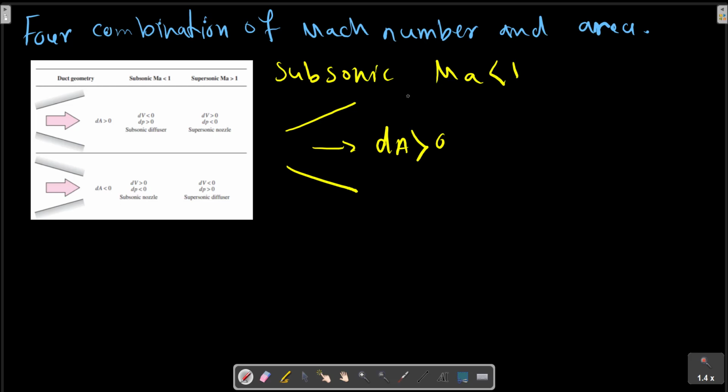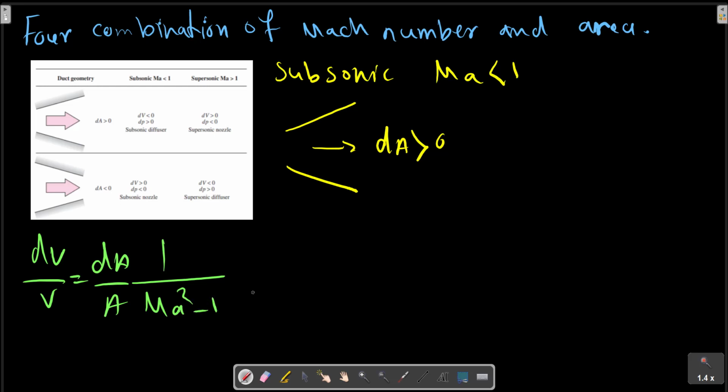For the subsonic condition, considering this equation, dA on A, with Mach smaller than 1, this term is smaller than 0.